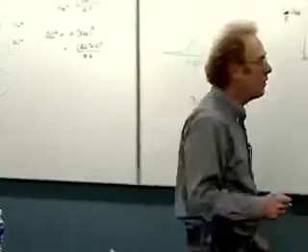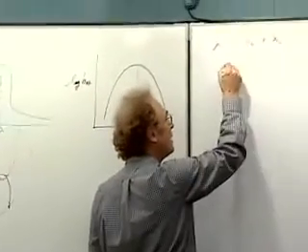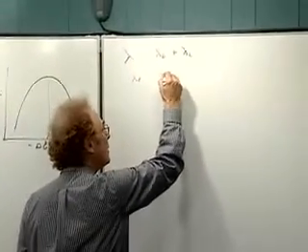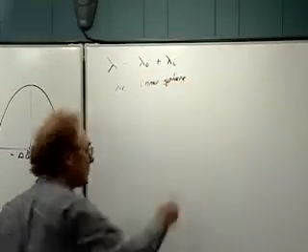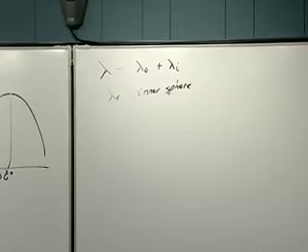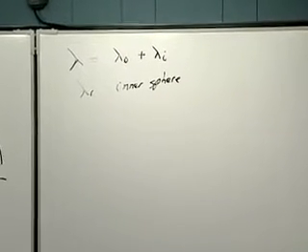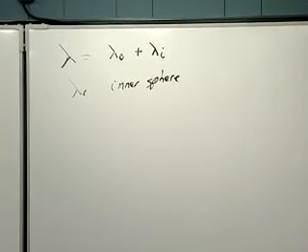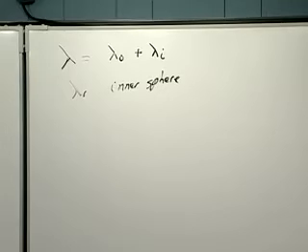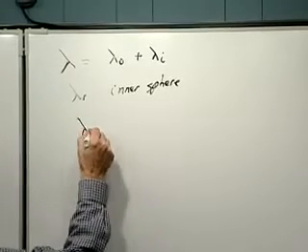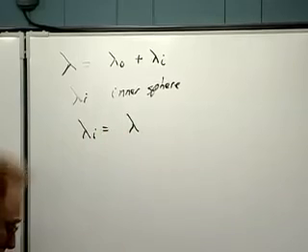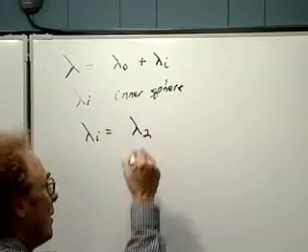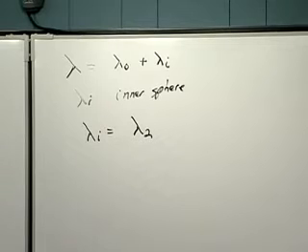So first I'll talk about lambda I, the inner sphere. What I want to do is think about it totally in terms of metal ligand bonds. And so I'm going to say that lambda I is going to equal the reorganization energy for the 2+ species.